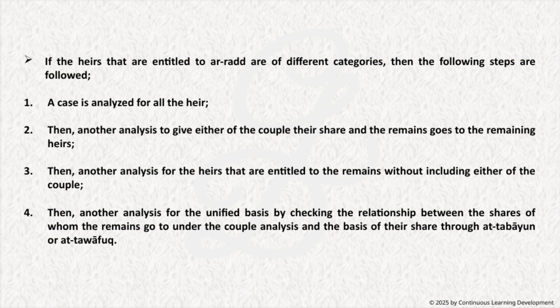We look at concepts like Tawafuq and Tabayun to ensure the distribution is consistent and fair. This process is essential because it helps us handle complex inheritance situations systematically, ensuring all heirs receive their rightful share in accordance with Islamic inheritance laws.